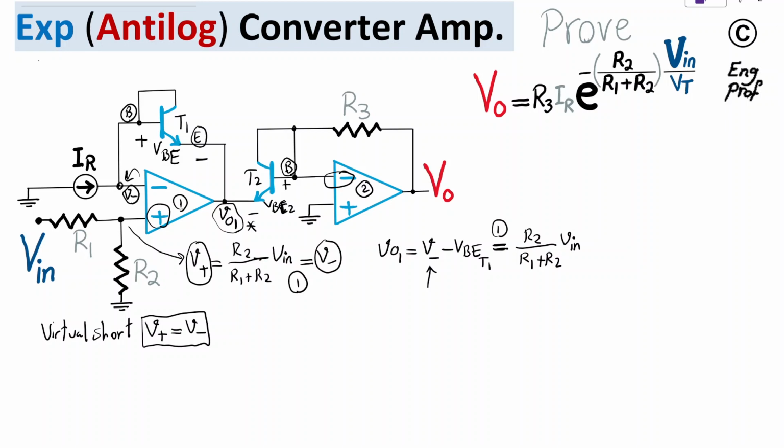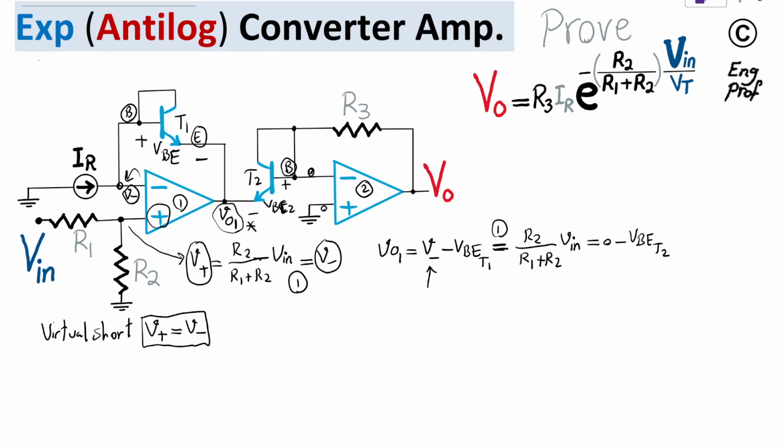So virtual short should be valid for op-amp 2, meaning that since it is grounded at the positive terminal, because of virtual short we also get a virtual ground at the negative terminal as well. So we can see that from VO1 by VBE2 we get to 0. So basically this VO1 should be equal to 0 minus VBE of transistor number 2 as well.